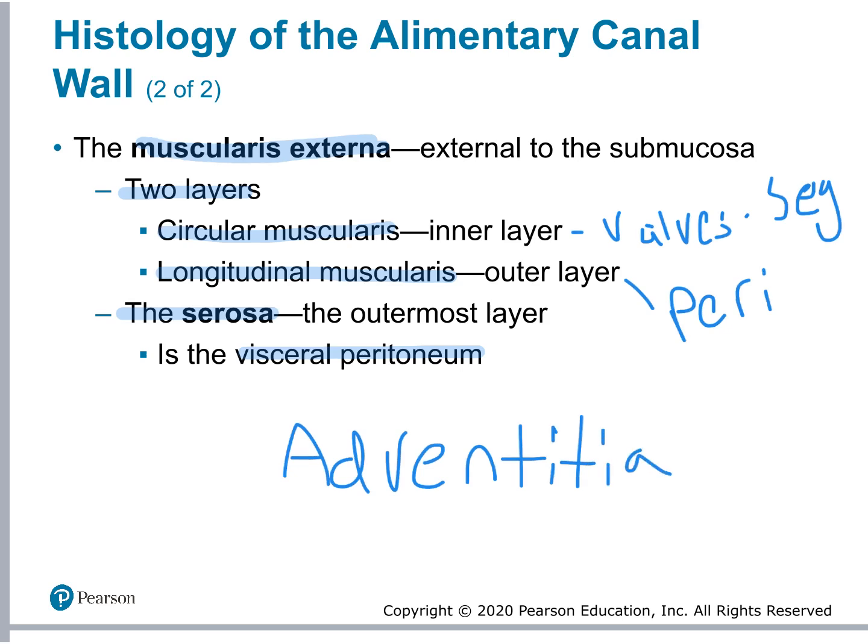So an adventitia is an anchoring tissue. For example, most of the upper part of the esophagus is surrounded by an adventitia, not a serosa. That way, the outer layers of the esophagus can encroach and anchor on the tissues that are surrounding it so that your esophagus is not flopping around inside of the neck or the thoracic cavity.